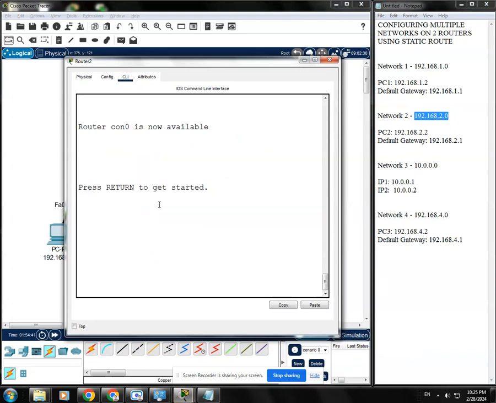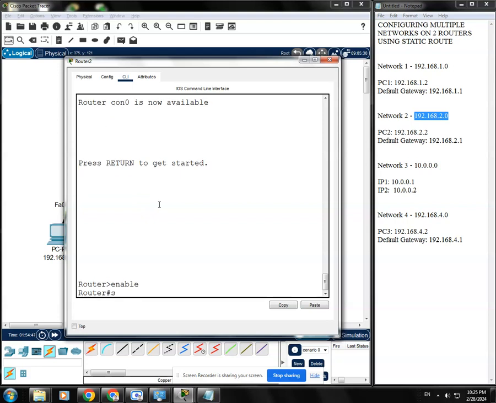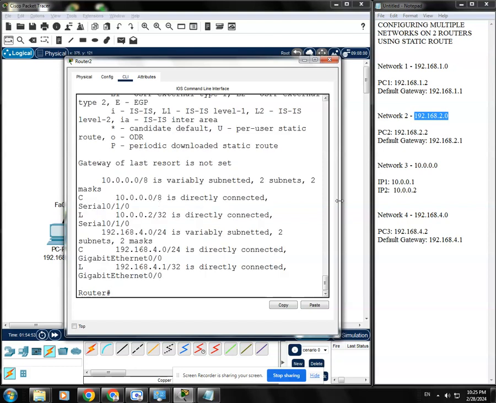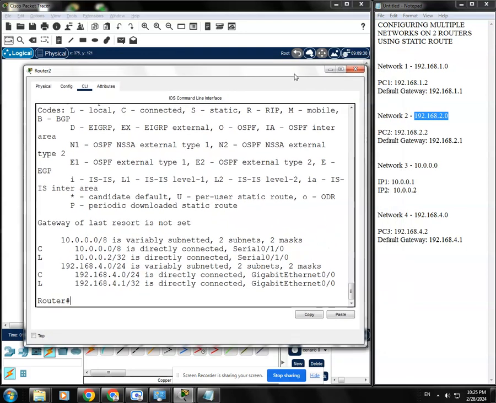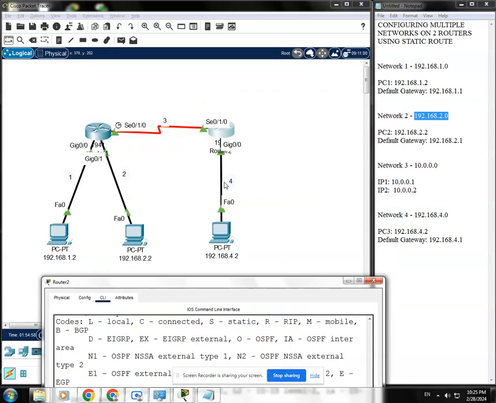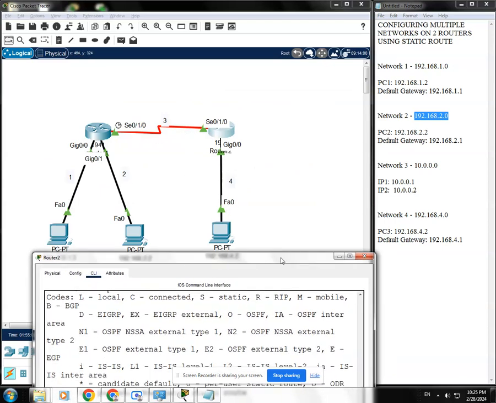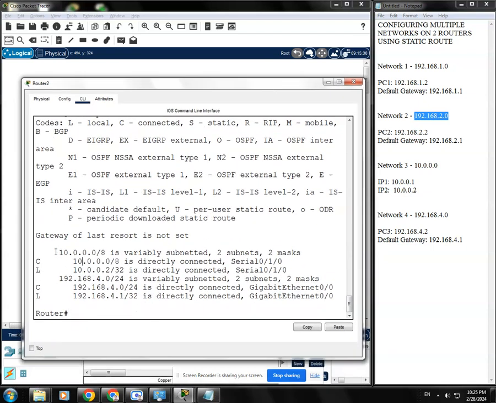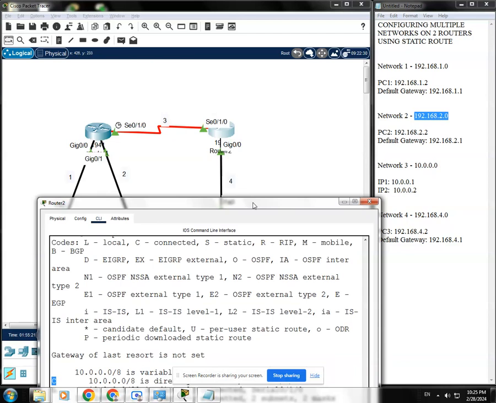Click here and then enter, then enable to go to privilege mode, and let's run the same command, show ip route. Let me spread this one. Same thing here: this is the 10 network and this is the 4 network. On the 10 network, same as on the other router, it's connected to 10.0.0.0/8, which is a class A, and it's connected to serial 0/1/0, which is here.